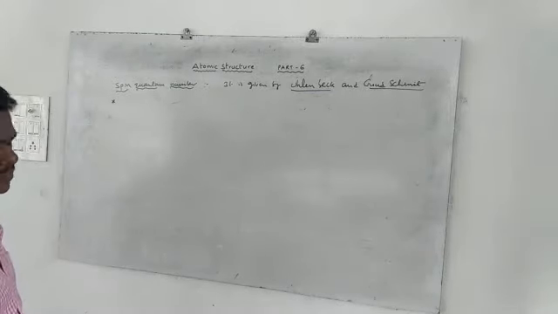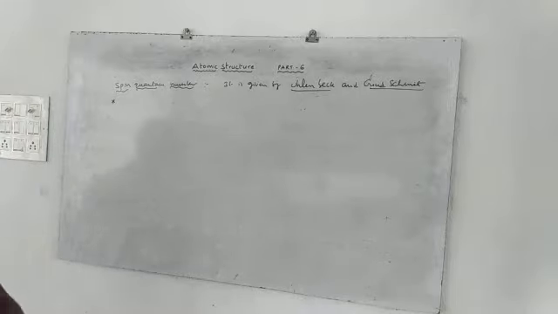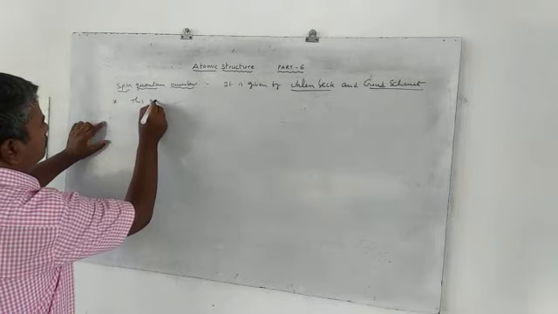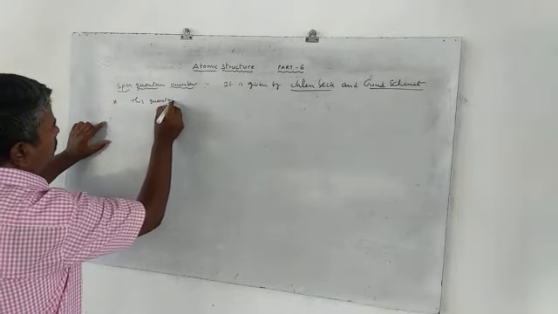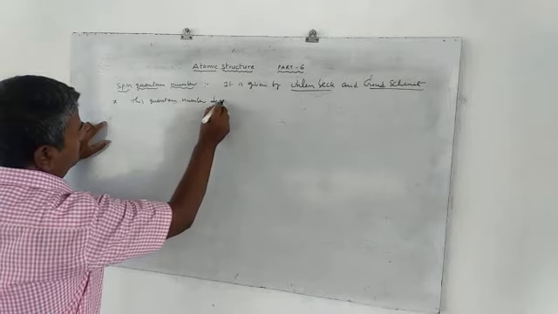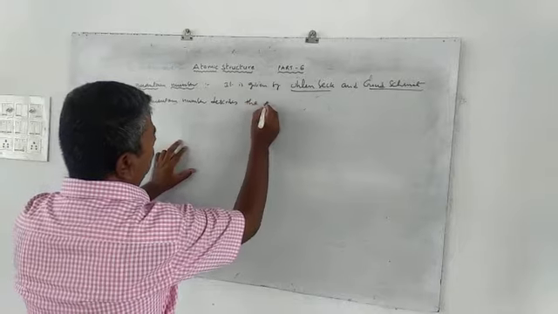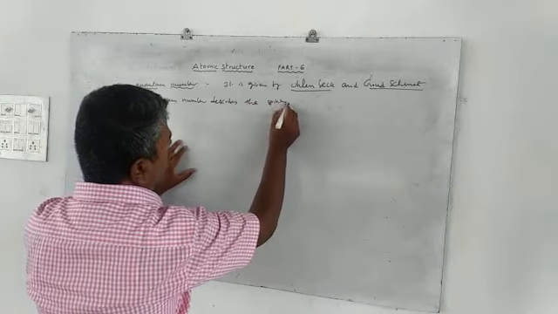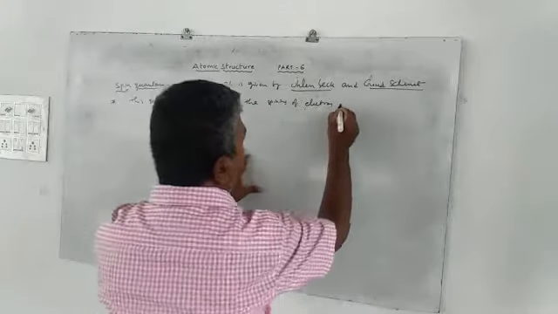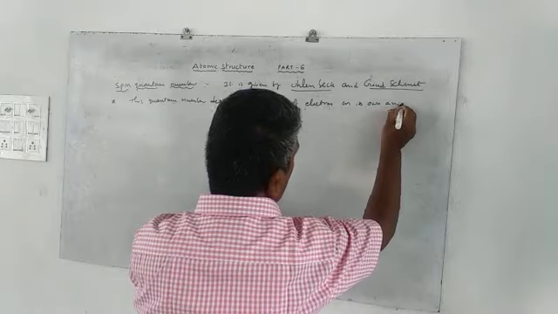It gives the information, which one? Means the spin quantum number describes the spinning of the electron on its own axis.